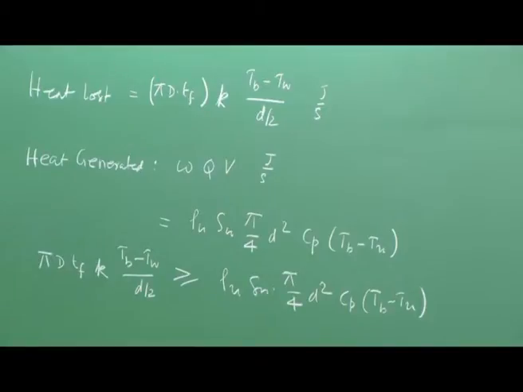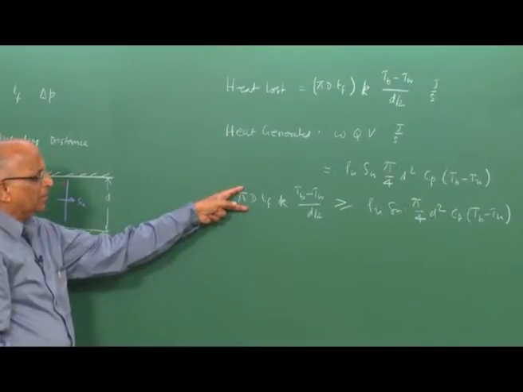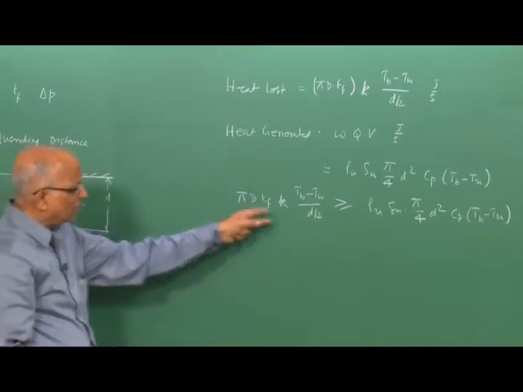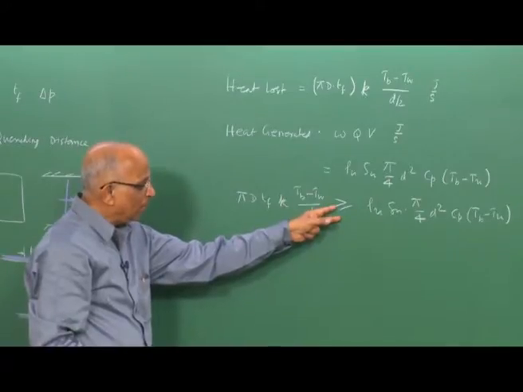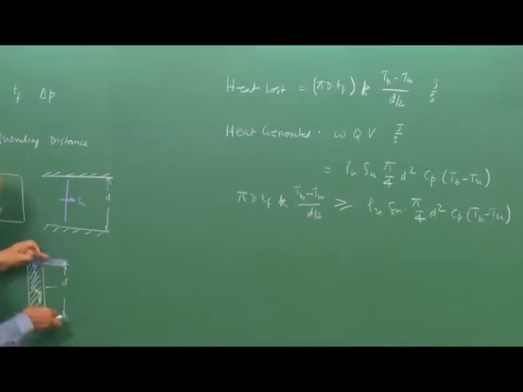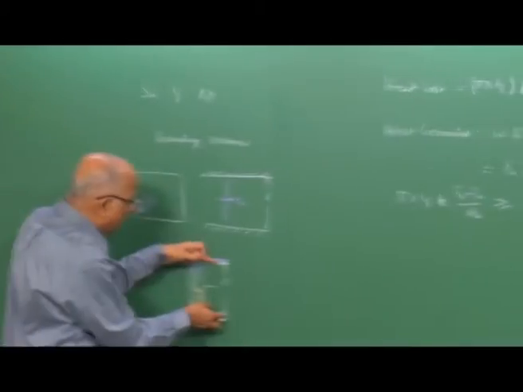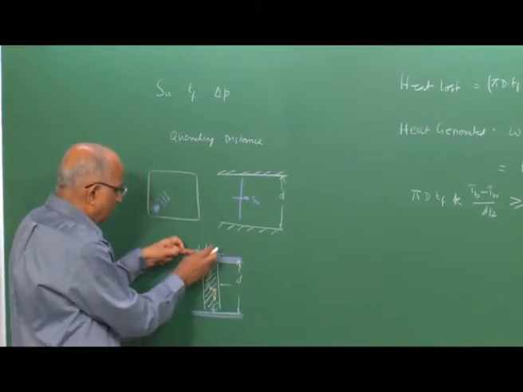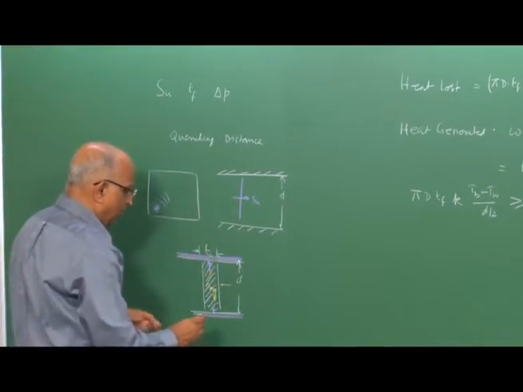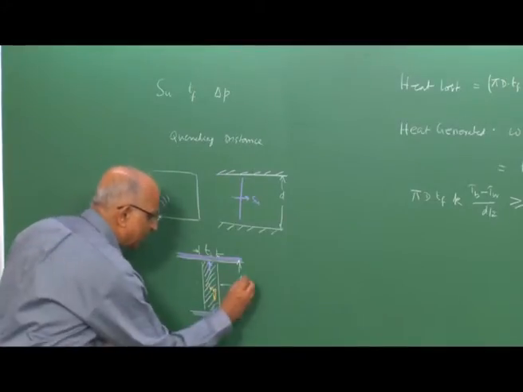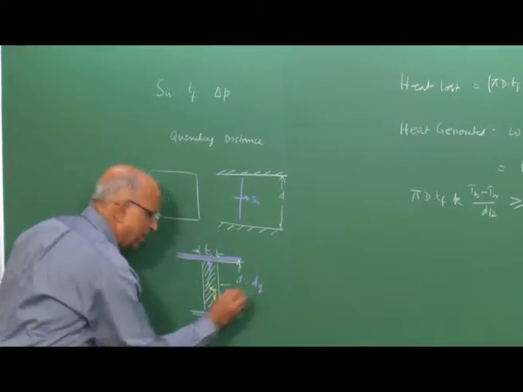Well, I want to find out the critical condition, and the critical condition is when it is exactly equal. When does it become equal? When the diameter becomes equal to the quenching thickness, that is, the heat loss is just equal to the heat generated. In that condition, I say d is equal to dq, the quenching thickness.